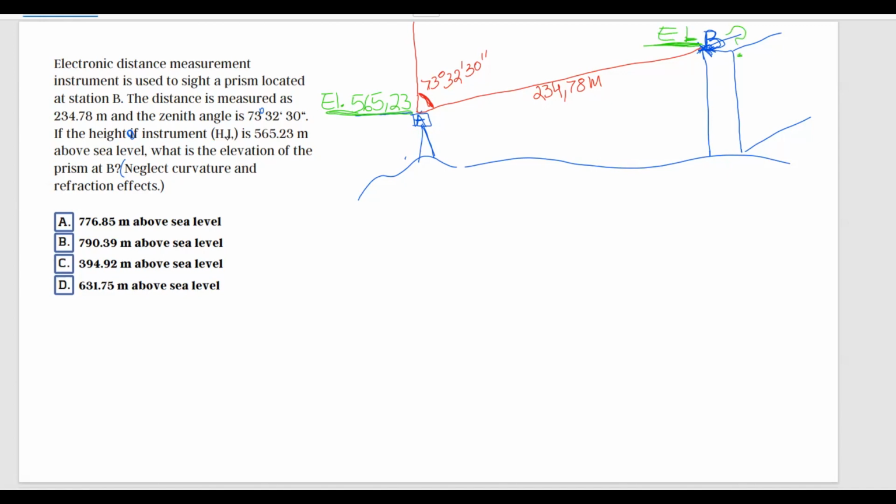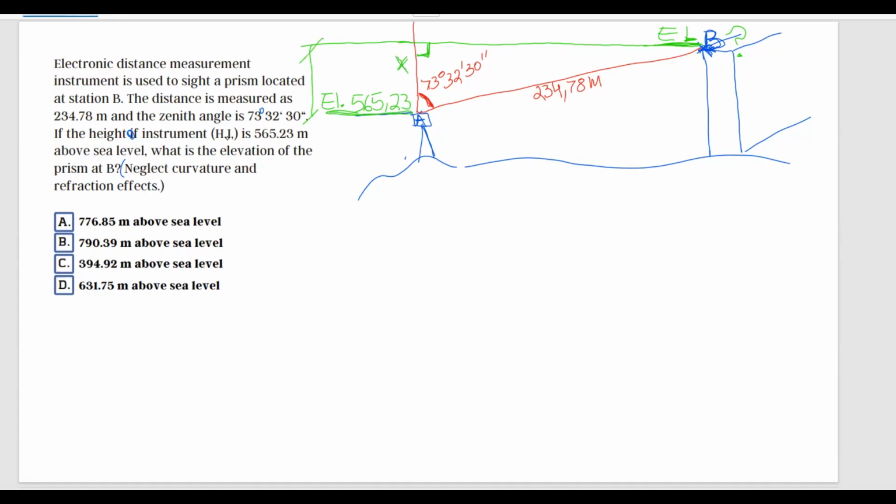In order to find that elevation, I'm going to continue that line all the way to this vertical line. And now notice how we have a right triangle here. So in other words, we're going to have to calculate this distance. Let me call this distance x, which is this distance from here to here.